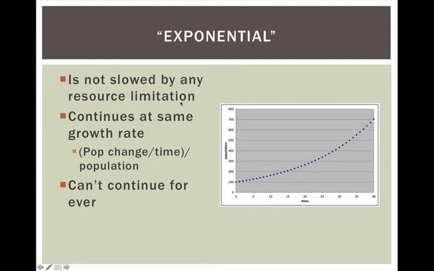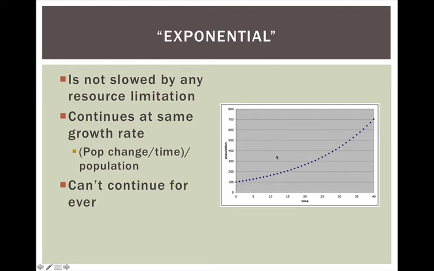During a phase when you might call exponential growth, it's not slowed by any resource limitation. So the growth continues at the same growth rate, that is population change per time over the population. That ratio of new population that comes up in each time point is the same, but the actual increment gets larger and larger as you have more and more population, because there's more population to change.